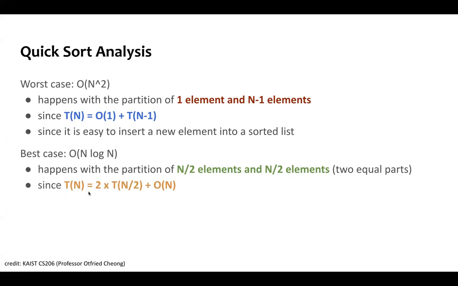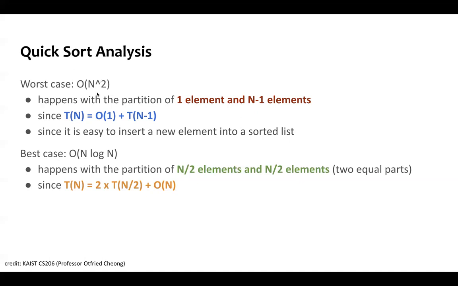T(n) is going to be 2 times T of half of the items, for the left and the right. And to merge them, for swapping items, it takes O(n). And when we solve this recurrence equation, it's going to be n log n.